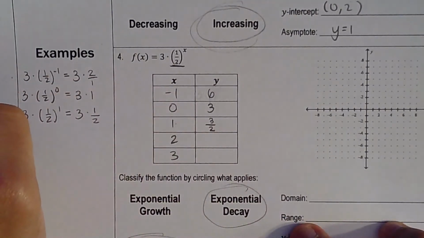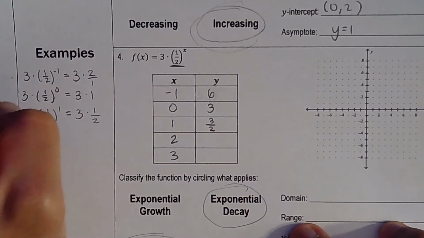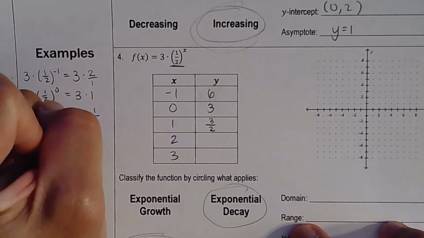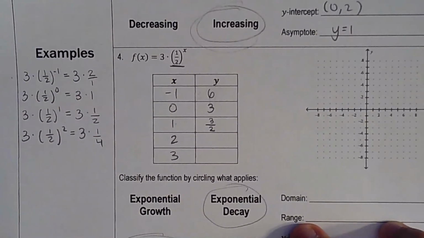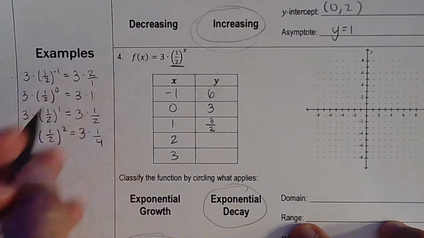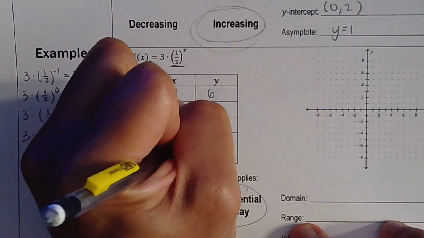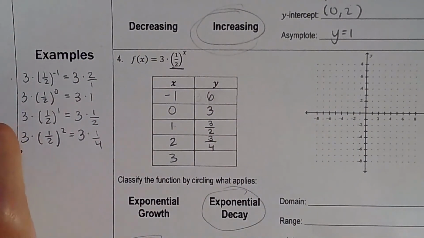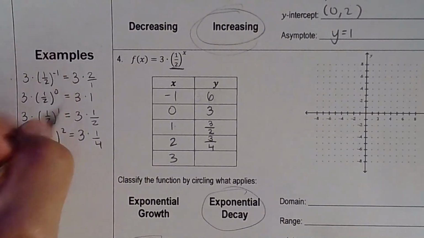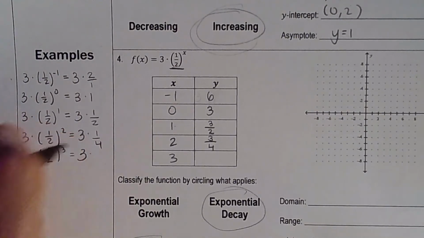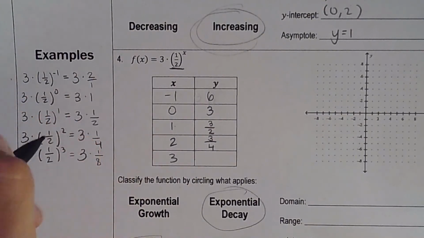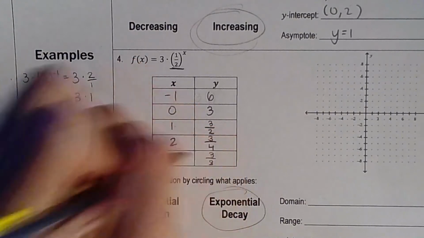All right, 3 multiplied by 1/2 to the second power, that's just 3 multiplied by 1/4. Right, 1/2 squared is just 1/4. So that's going to be 3/4. And then let's see, 3 multiplied by 1/2 to the third power. That's just 3 multiplied by, 2 times 2 times 2 is 8. So 3 multiplied by 1/8. And that's going to be 3/8.